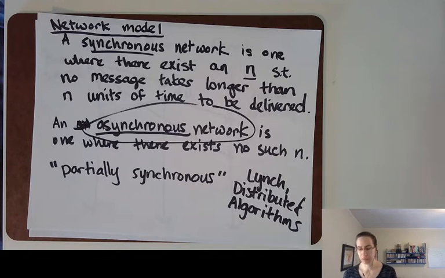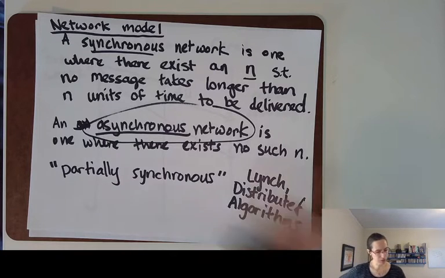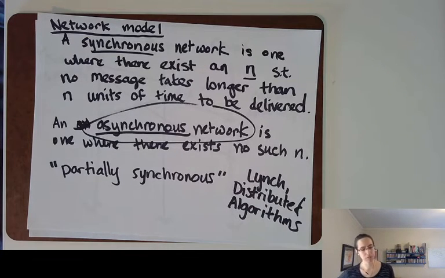So again, if we were trying to prove that some behavior in a distributed system was impossible, and we prove that it's impossible even if we know that messages take no longer than n units of time to be delivered, then we know it would also be impossible in this other setting where there is no bound on it.